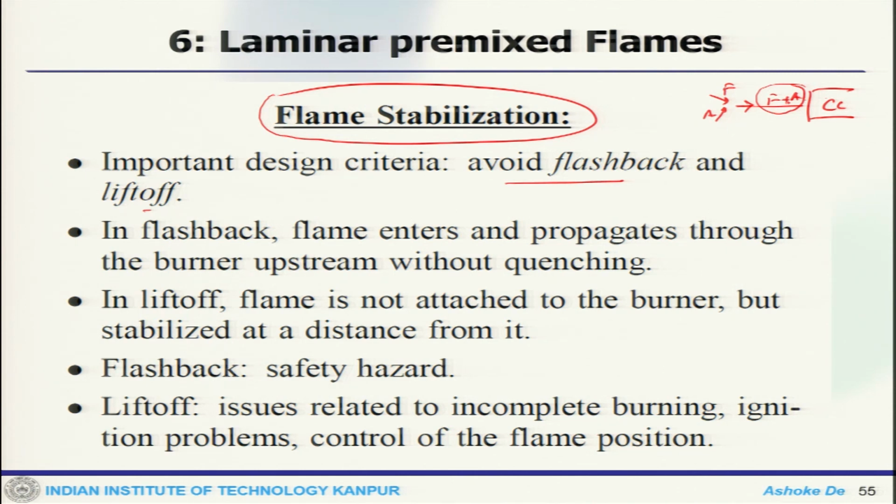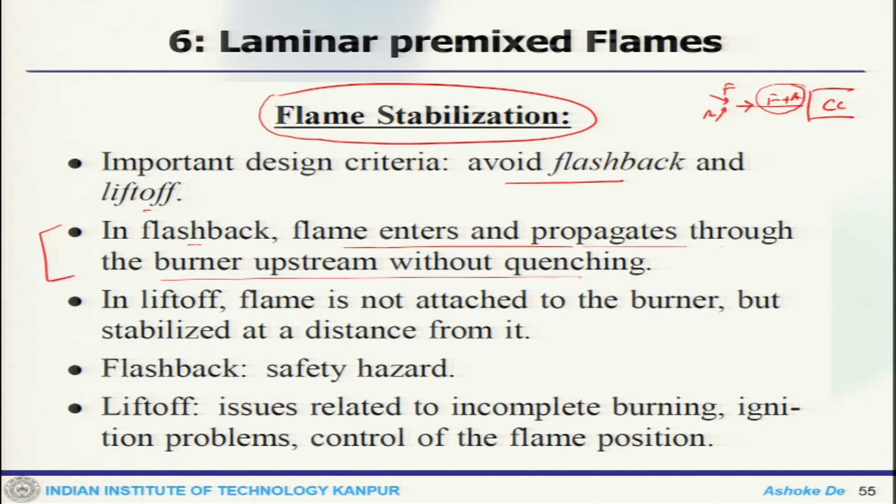And that is why you see auto ignition in your SI engine, because that is a spontaneous ignition of this mixture, that we will touch upon when we talk about engines. Now, in flashback, flame actually enters and propagates through the burner upstream without quenching.